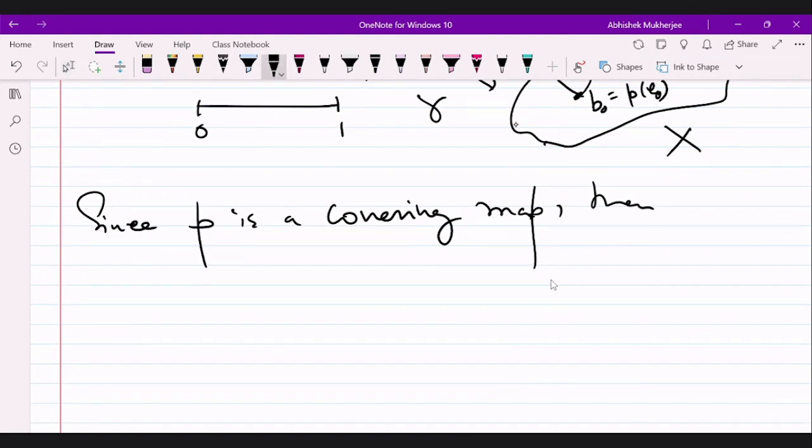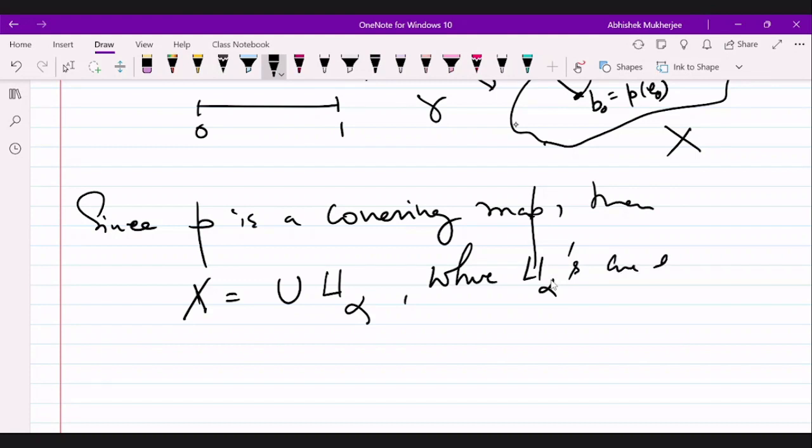So that X can be covered by some U alphas, where all these U alphas are evenly covered by that P, right?